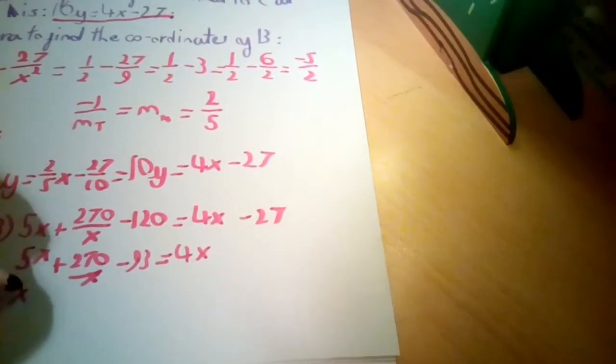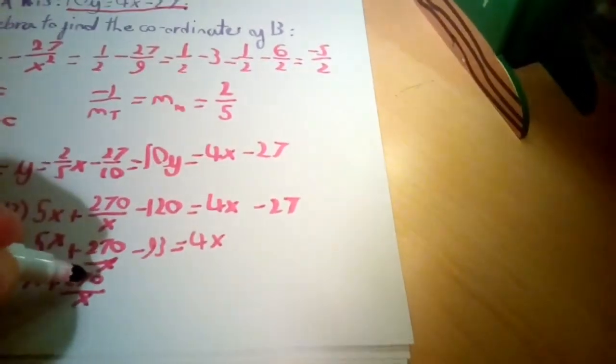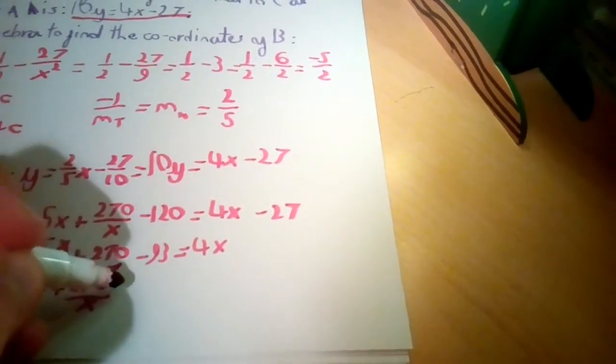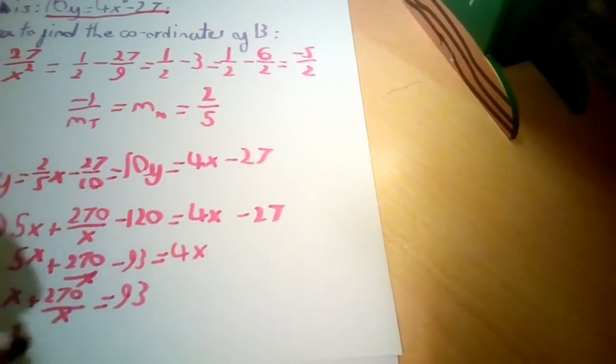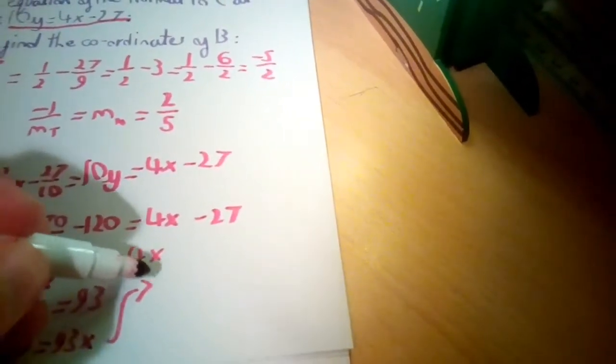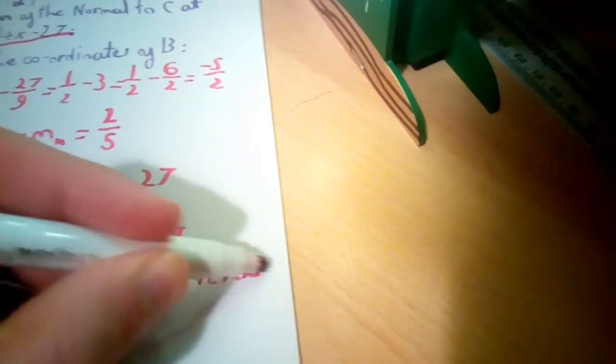Therefore, we take 4x from both sides, x plus 270 over x is equal to 93. Times everything by x, and we get x squared plus 270 is equal to 93x. And I'm then going to say that x squared minus 93x plus 270 is equal to 0.